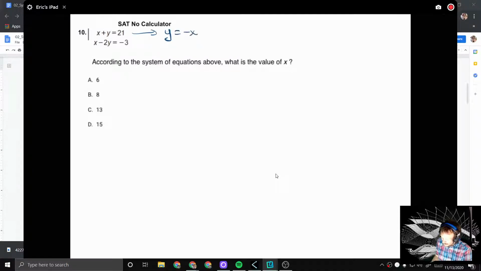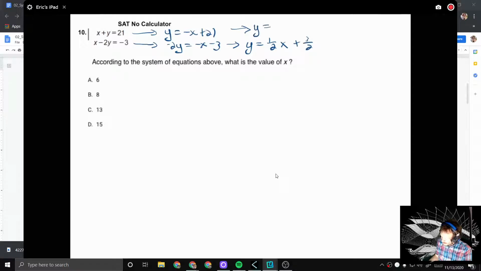Y equals negative x plus 21. This one, solve for y: negative 2y equals negative x minus 3. Divide both by negative 2 to get y equals 1/2 x plus 3/2.